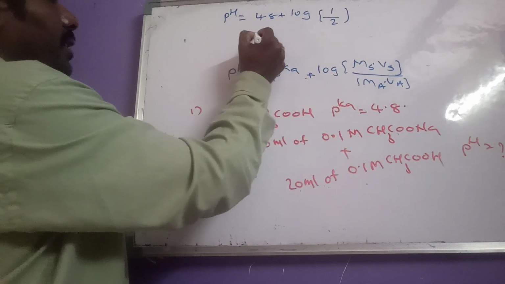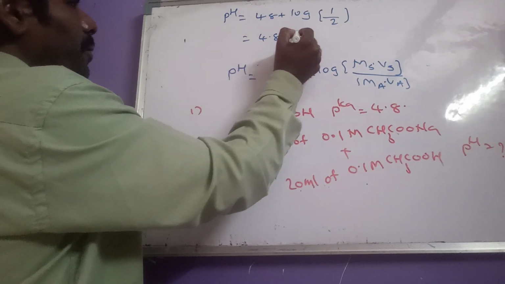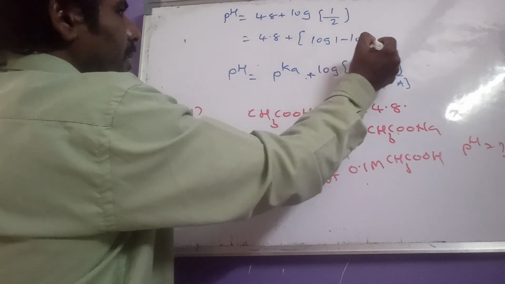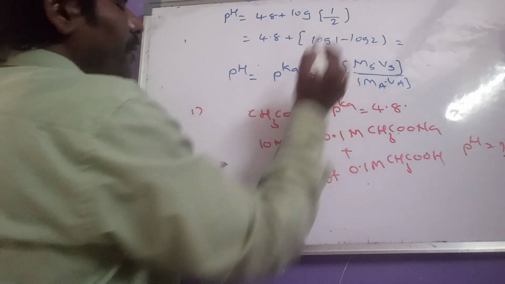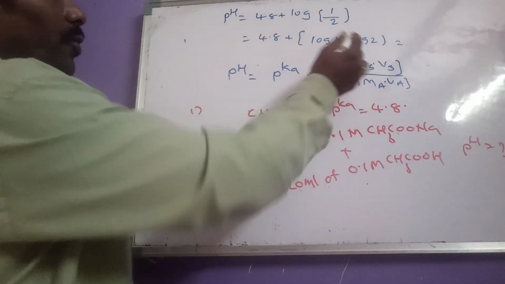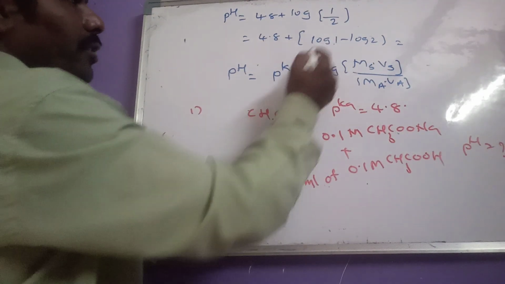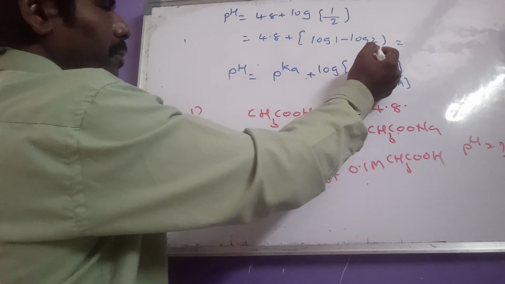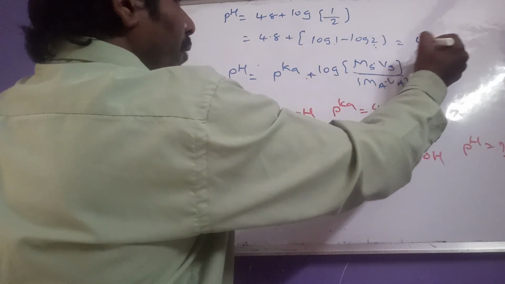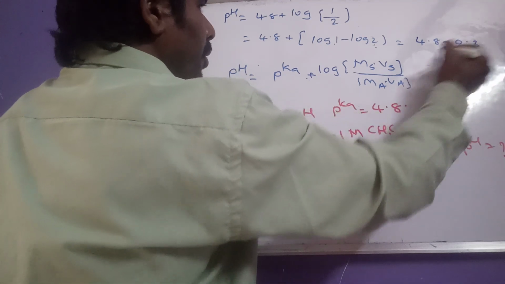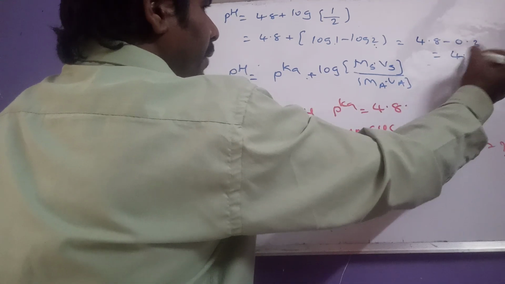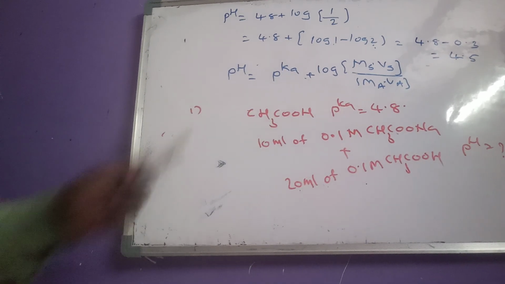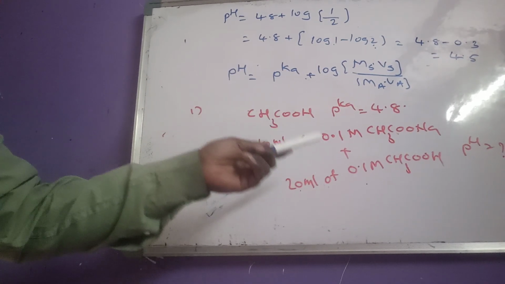Now 4.8 plus log 1 minus log 2. Log 1 is 0 and log 2 is 0.3, so 0 minus 0.3 gives minus 0.3. Therefore 4.8 minus 0.3 gives the answer 4.5.